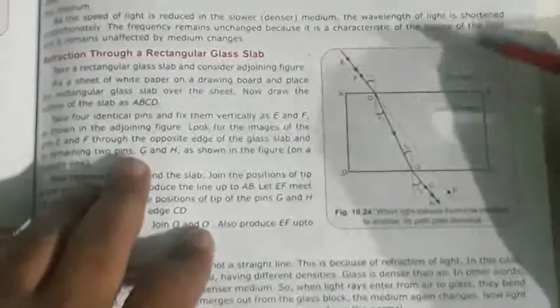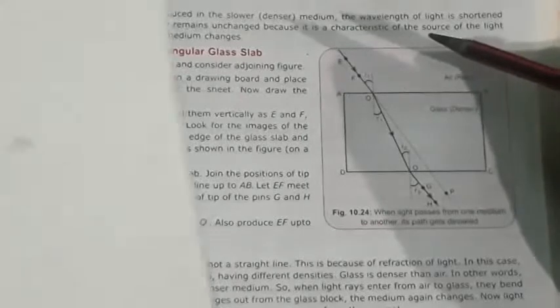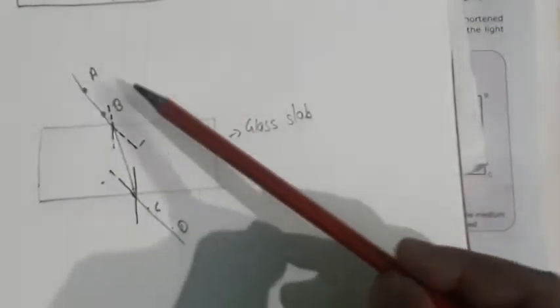Here, as you can see in this figure, he placed two pins E and F. We placed A and B here. Here we placed two pins E and F, G and H. This is the glass slab, this is our light ray.